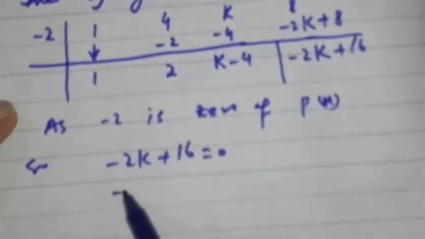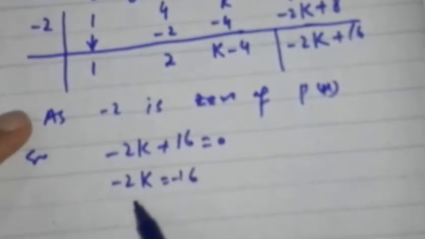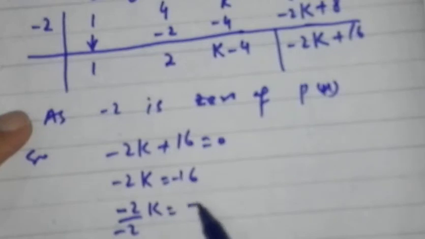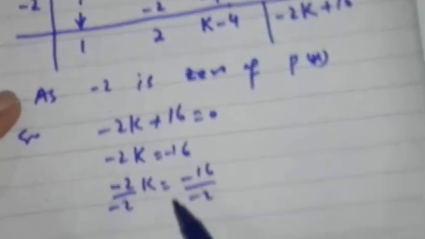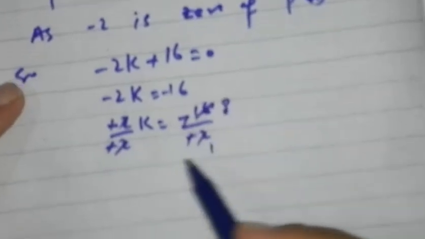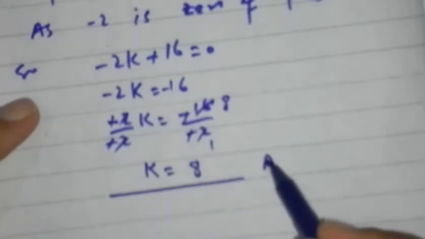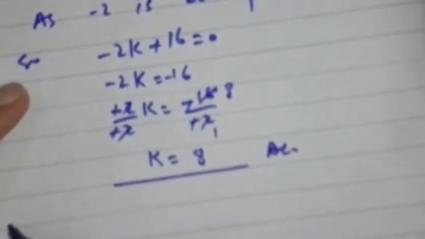Shift 16 to the right side. Minus 2k equals minus 16. Now divide both sides by minus 2. Minus 16 divided by minus 2. Minus cancels with minus, 2 ones are 2, 2 8s are 16. The k value is 8, which is the answer.